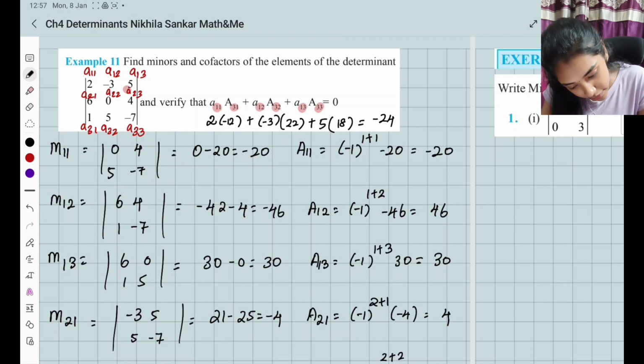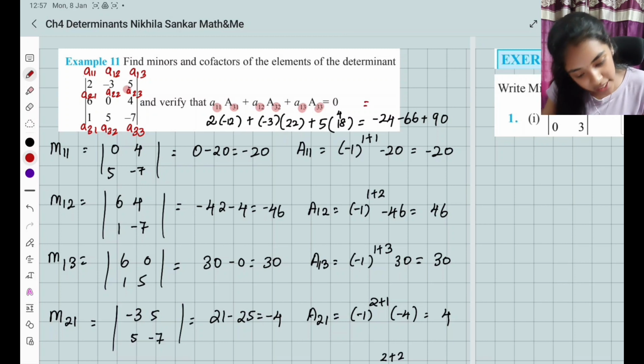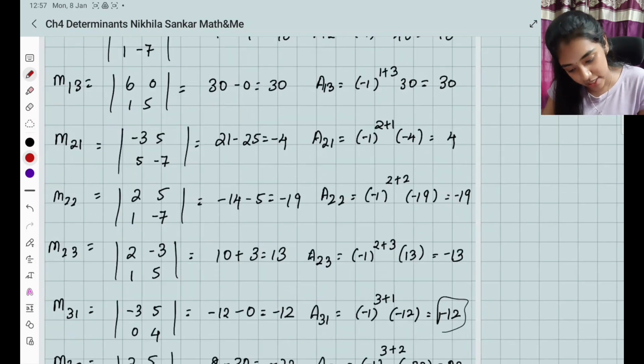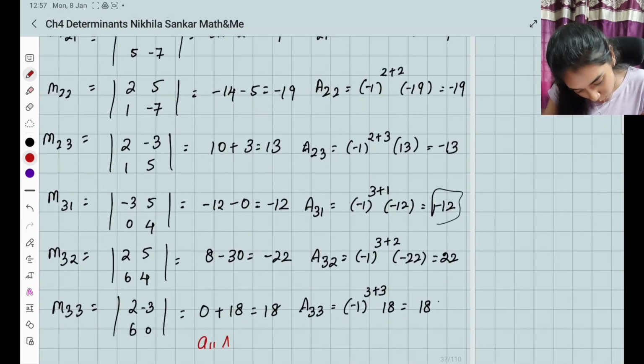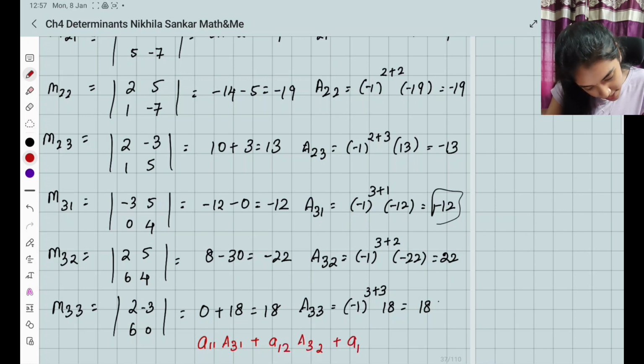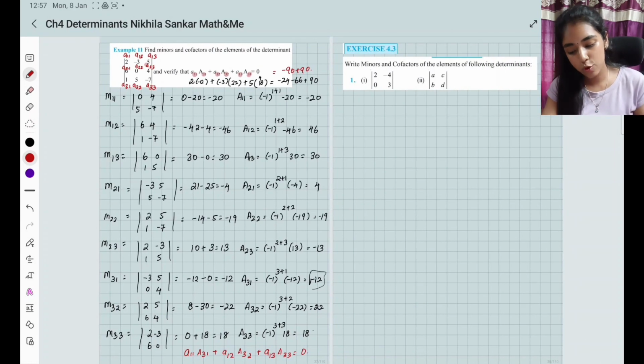Minus 24 minus 66 plus 90. Adding, minus 24 minus 66 gives minus 90, so minus 90 plus 90. From this I can say that A11 A31 plus A12 A32 plus A13 A33 gives us 0. So only when you multiply with the respective cofactors do you get the determinant; otherwise the value is 0. Understood? Simple. With this we are done with the examples. Let's move on to the exercise questions.